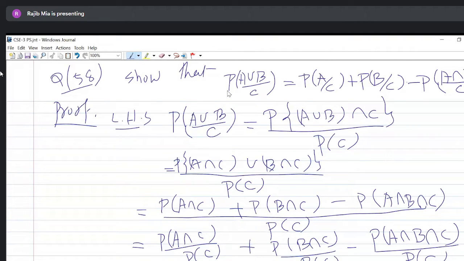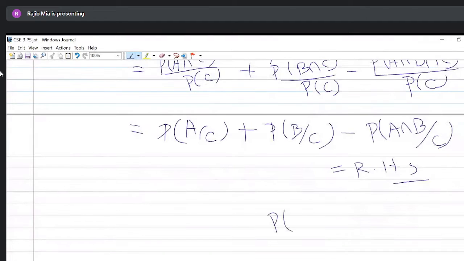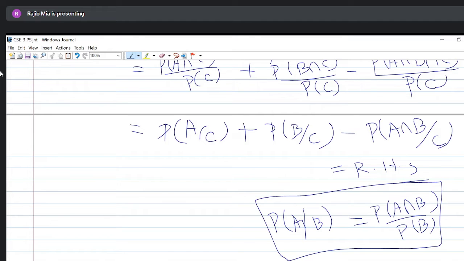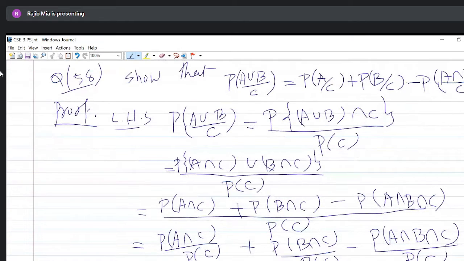We know that probability of A by B equals probability of A intersection B divided by probability of B. Using this, probability of A intersection B means A union B intersection C divided by probability of C, right? Got it, sir. Then yes.